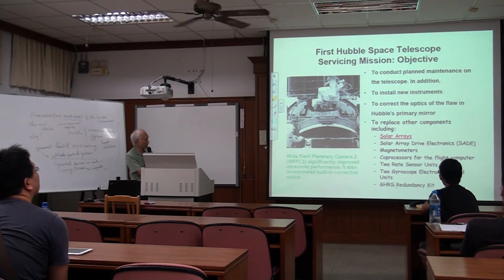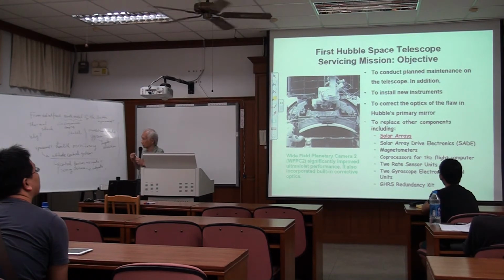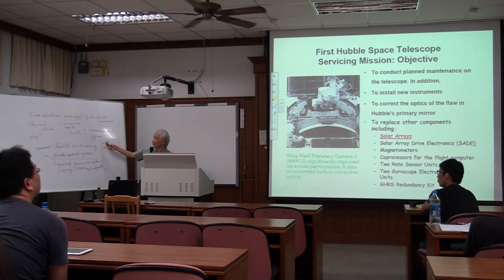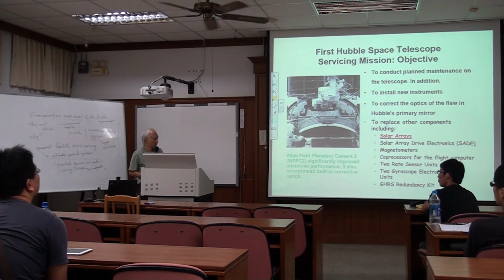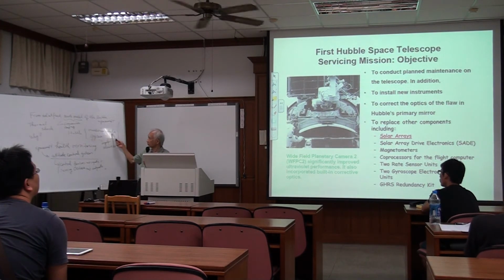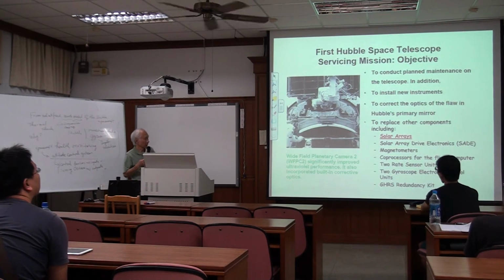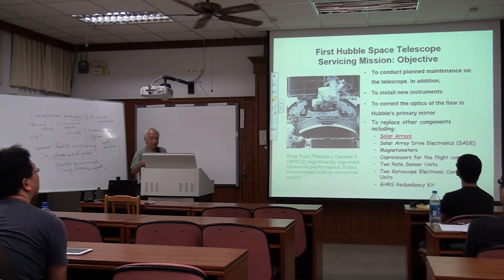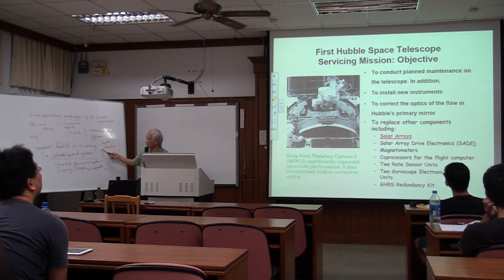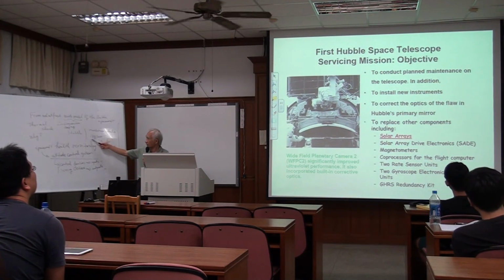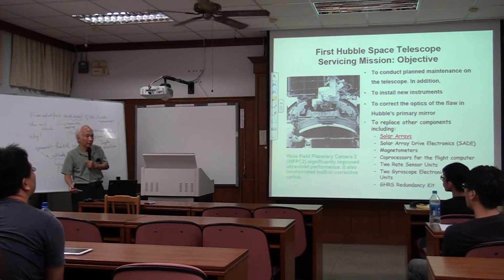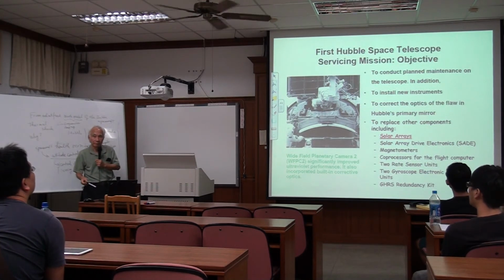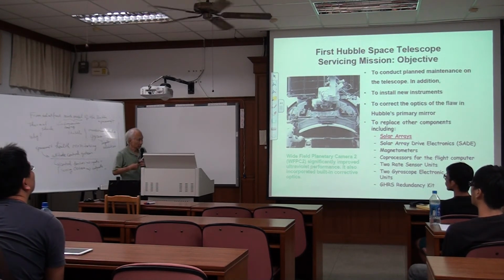They also changed many other things. Initially, the Hubble telescope had 6 gyros and 4 magnetic wheels. They also changed other gyros because they found out some of the gyros failed.